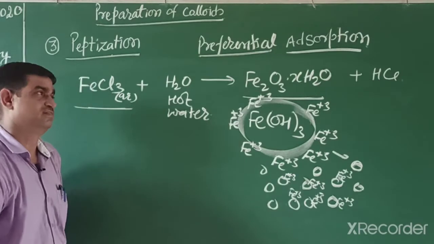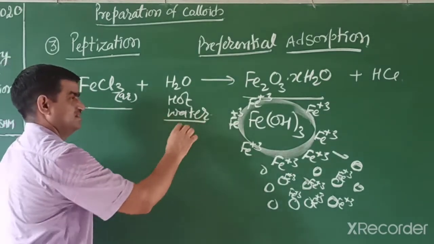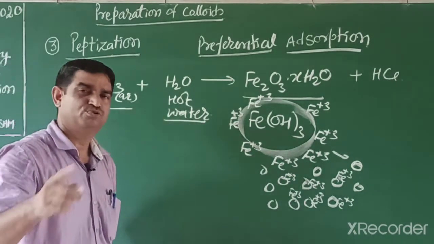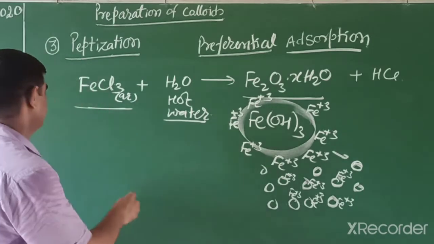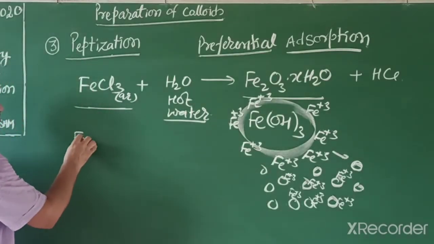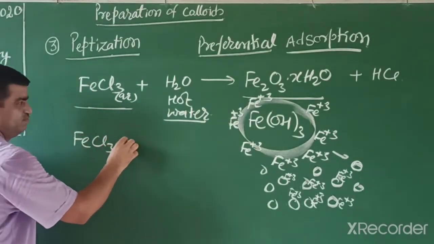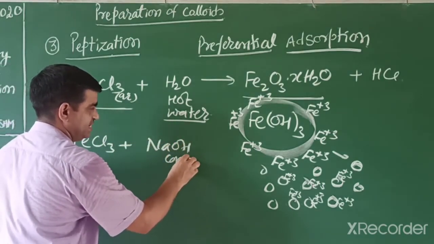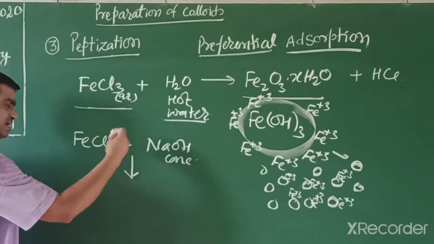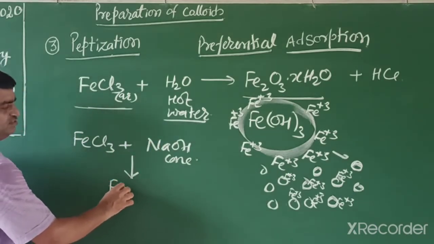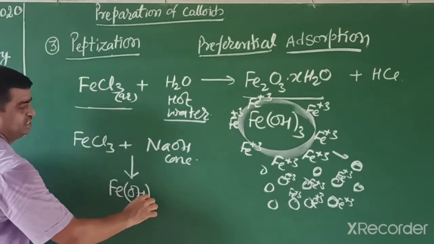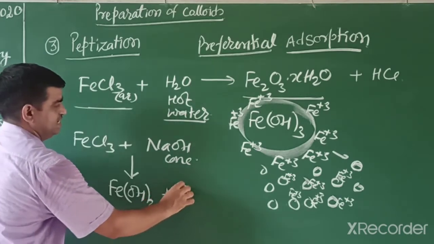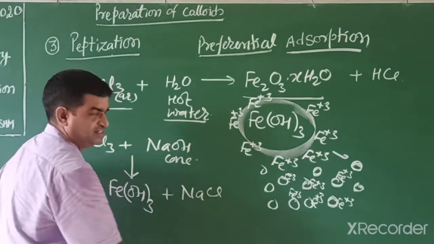Students, but in place of hot water, if we add concentrated sodium hydroxide, then what happens? When this ferric chloride reacts with concentrated sodium hydroxide, we again get a similar ferric hydroxide precipitate and NaCl. This one is a general reaction.